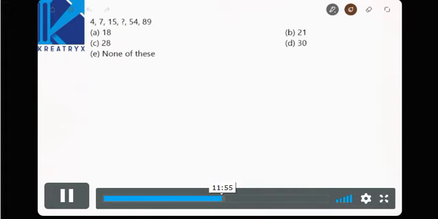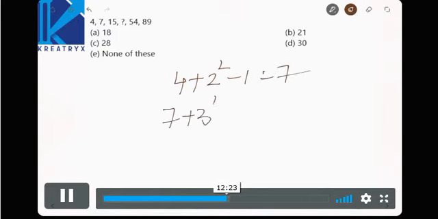Next one, 4, 7, 15, question mark, 54, 89 it seems. So how can you find this out? 4 and 7, there is a difference of 3. Okay. Next one, 7 to 15, what is the difference there? Is it 8? Now can we write this pattern like this? 4 plus 2 square minus 1 is equal to 7. 7 plus 3 square minus 1 is equal to 15. 9 minus 1 is equal to 8. 8 plus 7 is 15.